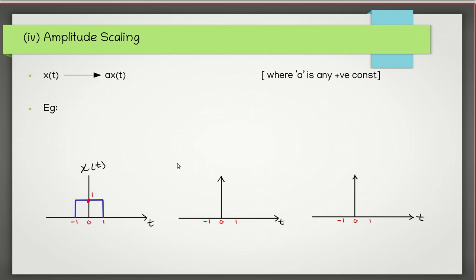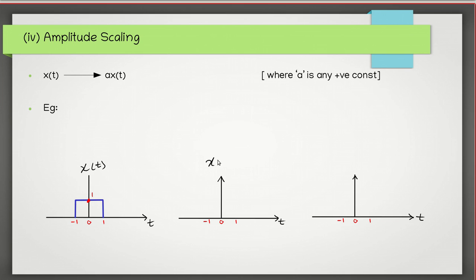The next property is known as the amplitude scaling property. According to this property, x of t is being modified to a times x of t, where a is any positive constant. This is similar to the time scaling property, and this is a bit easier. All we need to do is multiply the constant a to the amplitude of the given signal. Let's just understand this by an example.